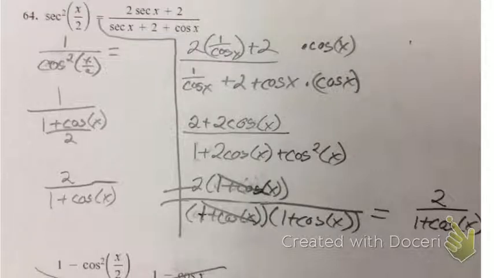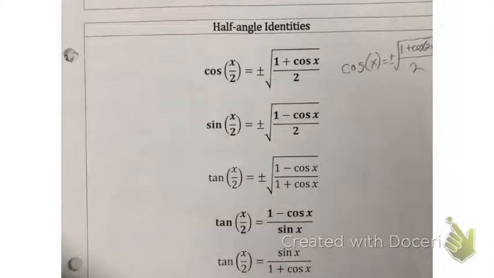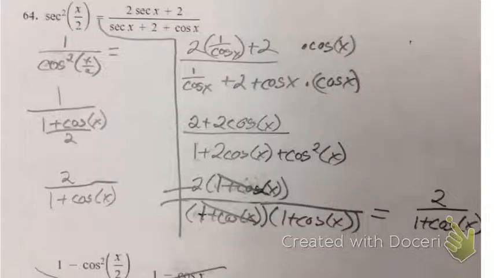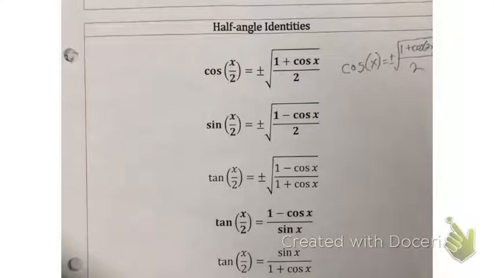Now, if we look at our identity sheet, I don't have any squareds there, and they're asking me to do cosine squared x over 2. But what I can do is if I would square this side, I would have to square the other side.